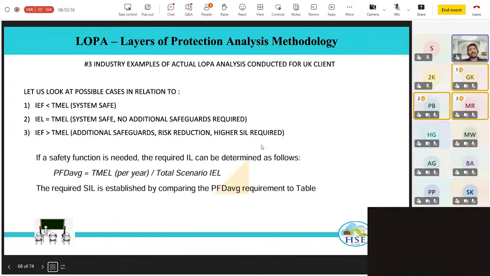Next, the IEL, which is the initiating event likelihood, is equal to the TMEL, where the system is safe and no additional safeguards are required. And the third and most severe one is where the IEL crosses the TMEL, whereby you need additional safeguards, risk reduction, or a higher SIL. So either of these 3 approaches has to be taken if the IEL is greater than the TMEL. Fine. So let's go to these 3 examples.